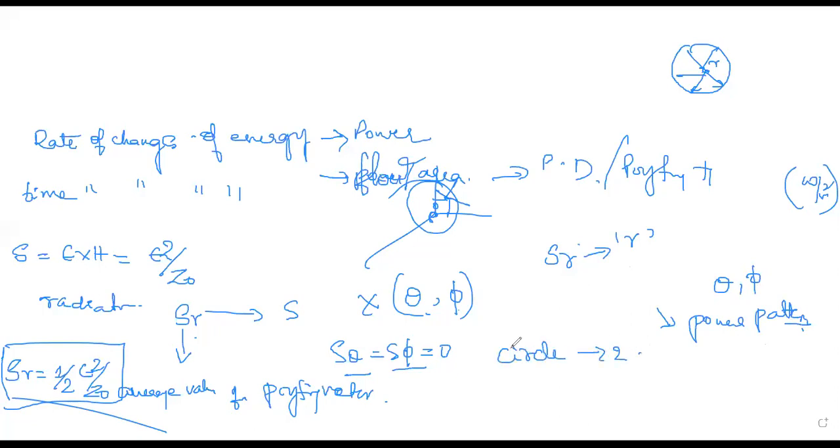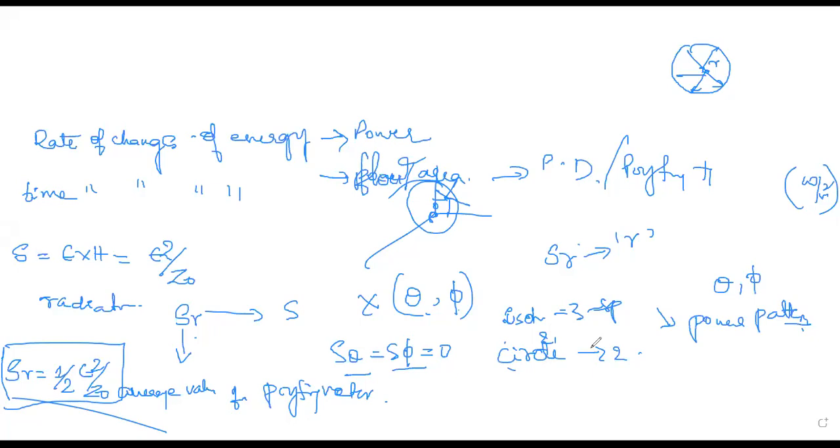So this is the two-dimensional pattern of an isotrope. If you draw an isotrope in three dimensions, it will be a sphere. If you draw the isotrope in two dimensions, it will be a circle. And one more point to remember is that an isotrope cannot be realized practically, because all antennas are directional in nature.